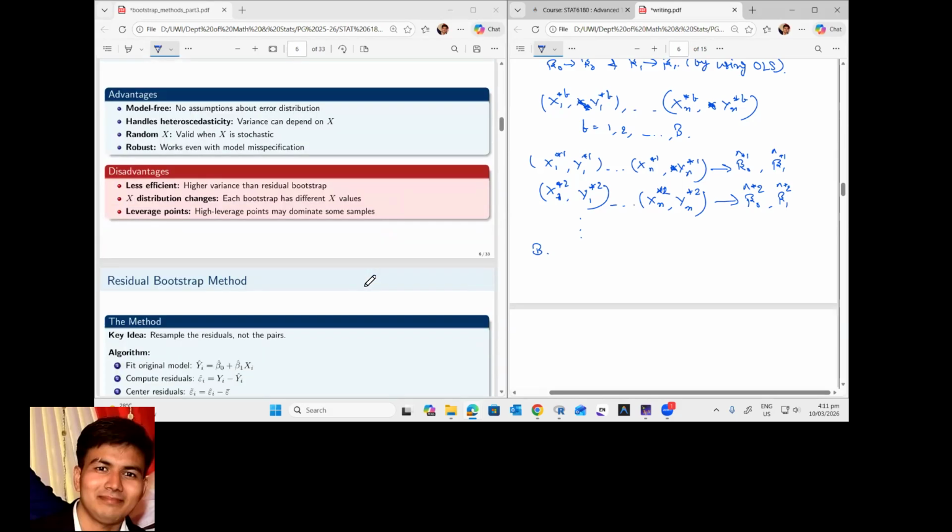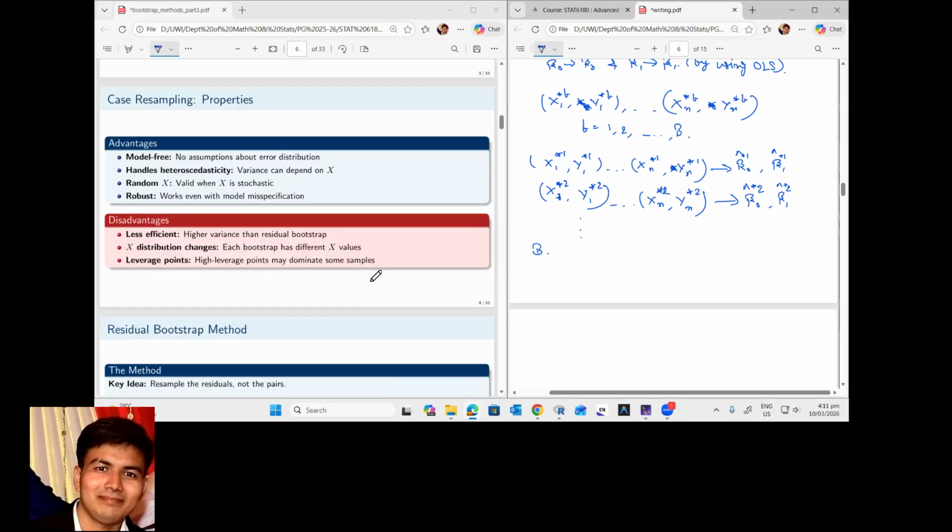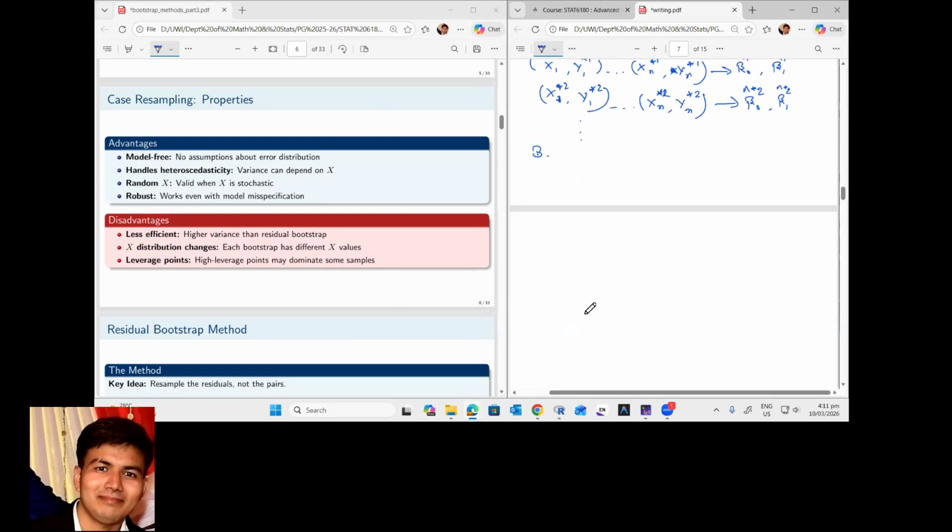In that, we can find inferences like the bootstrap standard error.